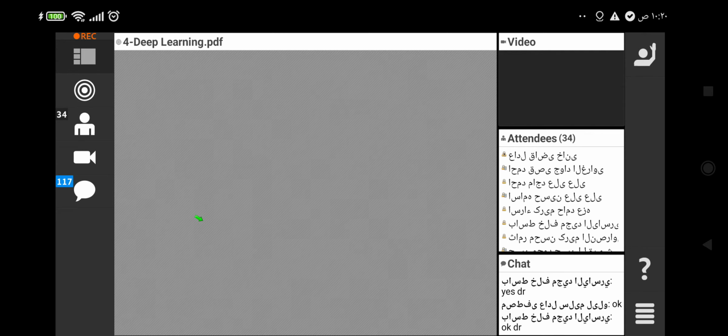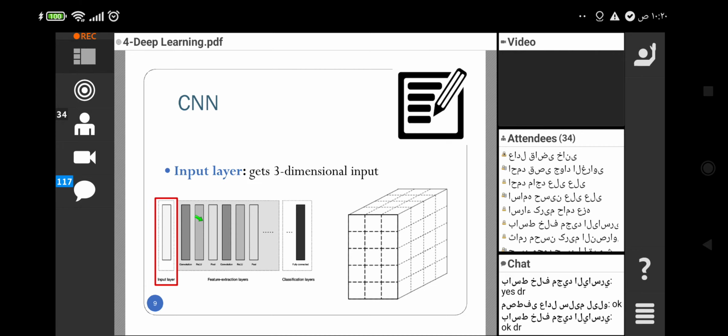In this slide, here you see the ReLU. This is the ReLU layer. Convolution is one of the layers, and we may have multiple convolutions.